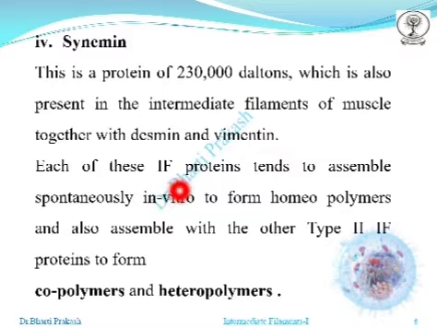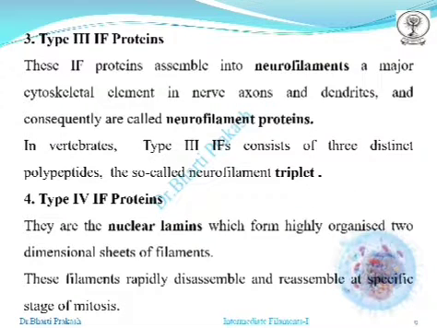Each of these IF proteins tend to assemble spontaneously in vitro to form the homopolymers and also assemble with the other type 2 IF proteins, which are the vimentin, desmin and glial filaments, to form copolymers and heteropolymers.